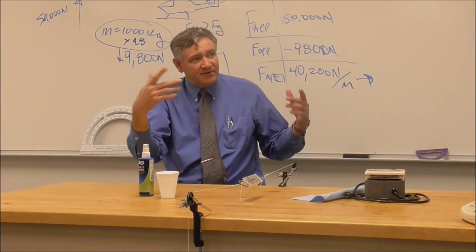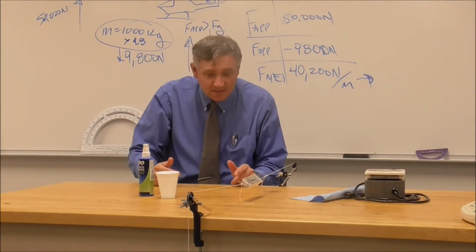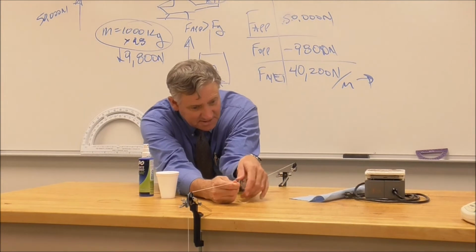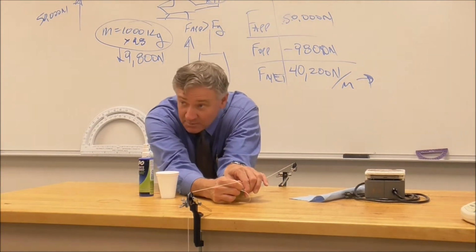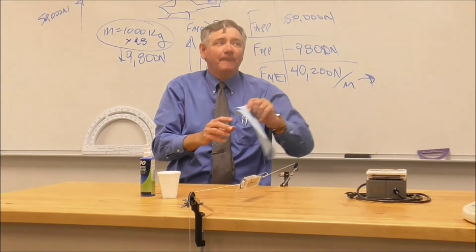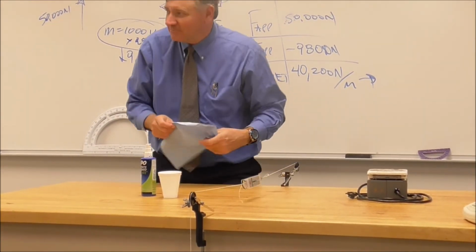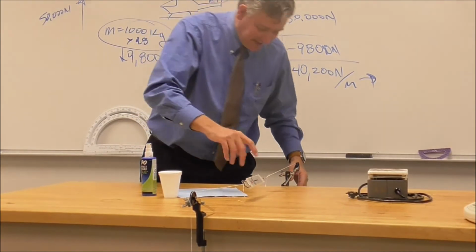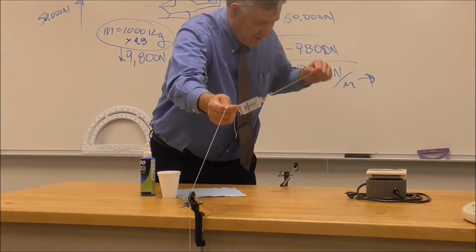But as long as I have equal masses on both sides, all this is doing is just acting as an anchor to hold that in place. And so that's why it reads 4.9 newtons. Okay? Wow, we're so smart.